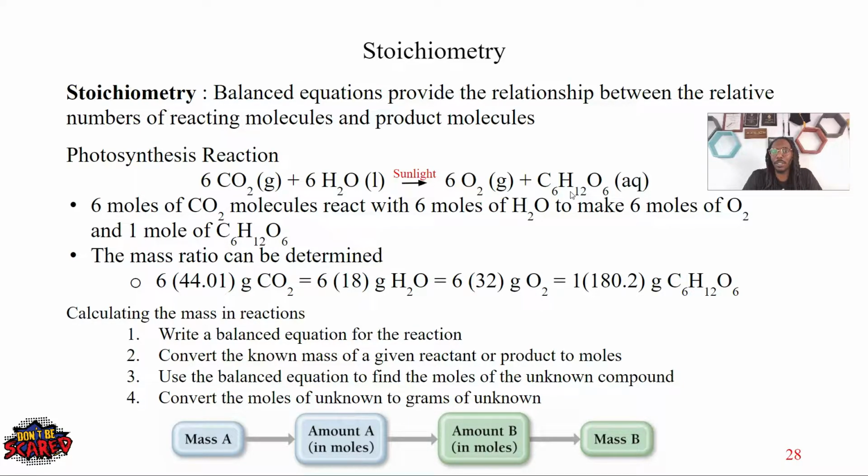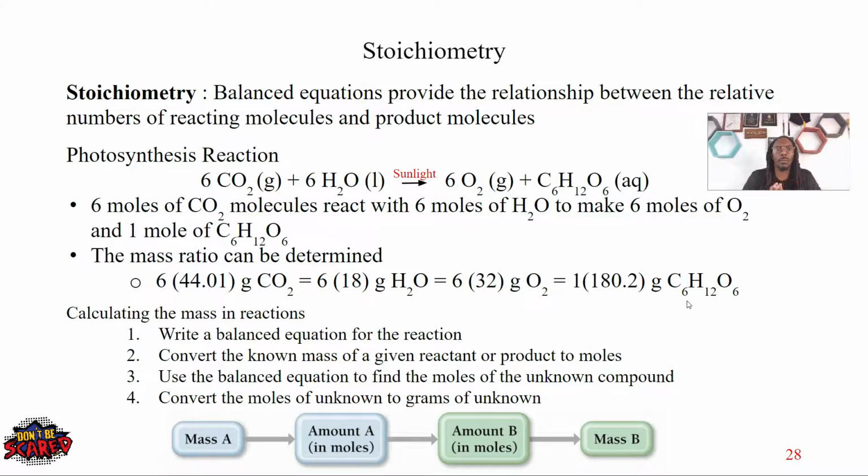So these coefficients give me a ratio, and that ratio can be determined using our masses. So we look down here. This means that I've got 6 moles of CO2, well, 44 grams, that's CO2. 6 moles of water, well, 18 grams of water. 6 moles of oxygen, that's 32 grams of oxygen. And then 1 mole of my fructose, that's 180 grams for this fructose there.